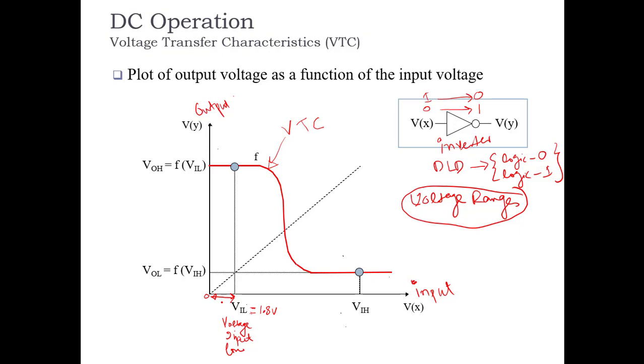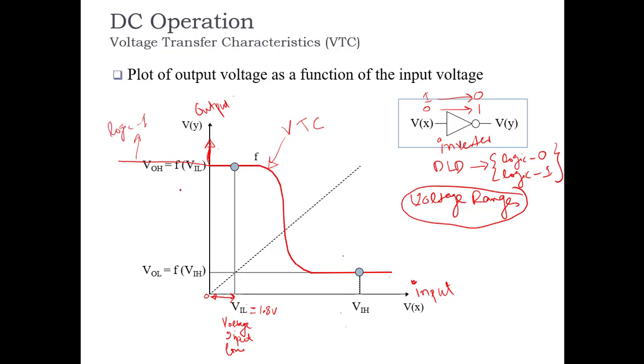Okay, so the NOT gate will produce an output, and that output should be above this. It should be logic 1. So the region for logic 1 is this one. Anything above this is logic 1.